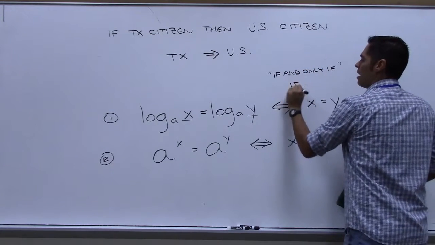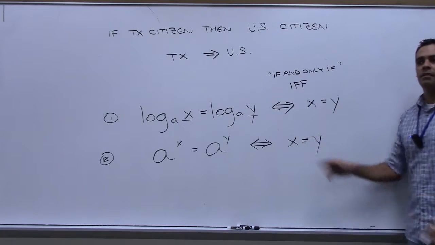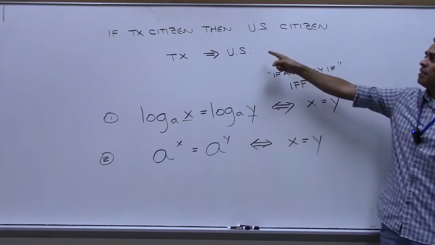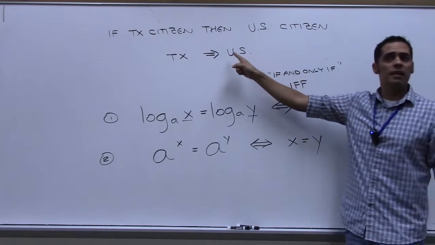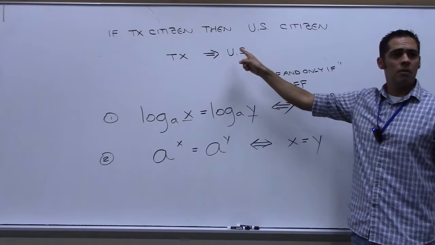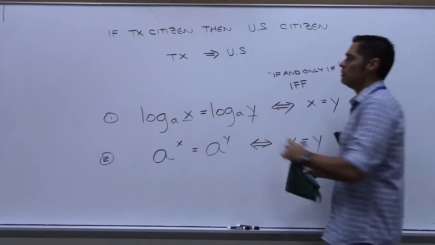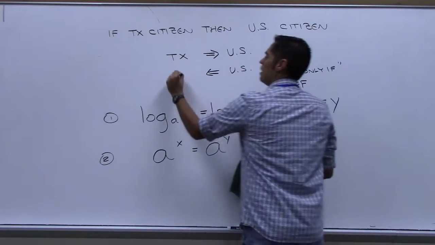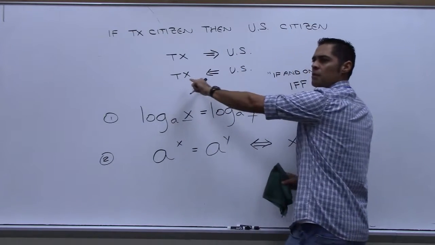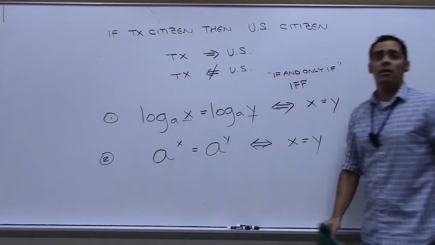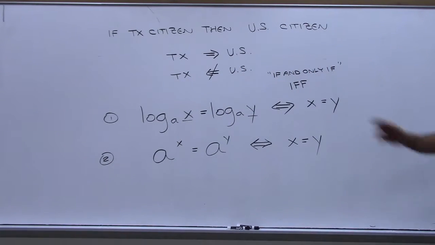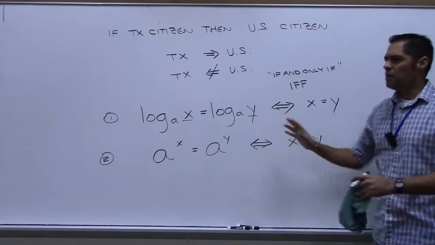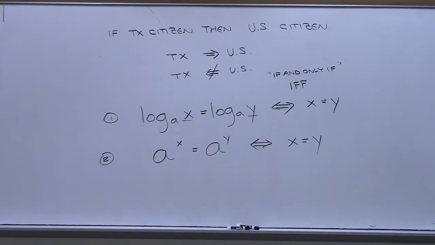And we like to write IFF for if and only if. So just double implication. Is this a double implication? Is this an if and only if statement up here? No. No? Doesn't work the other way? Try it the other way. If you're a U.S. citizen, does that mean that you're from Texas? No. So that implication does not work both ways. So this is not an if and only if statement. Understand? So I just want to give you a little background on that symbol.